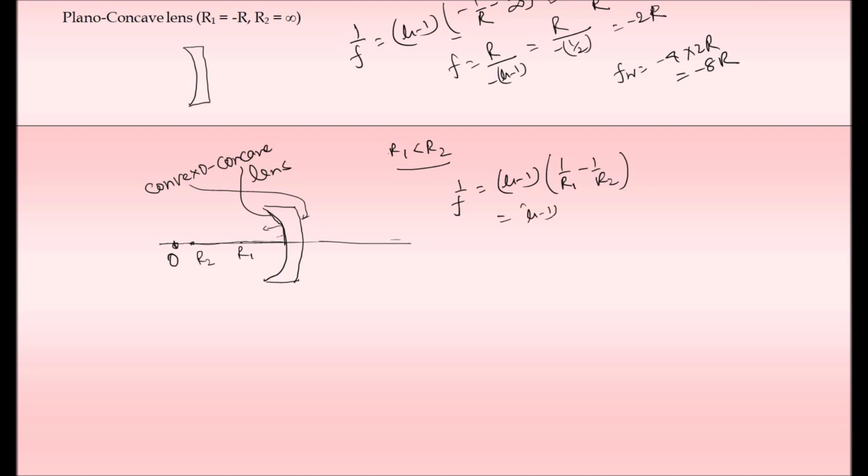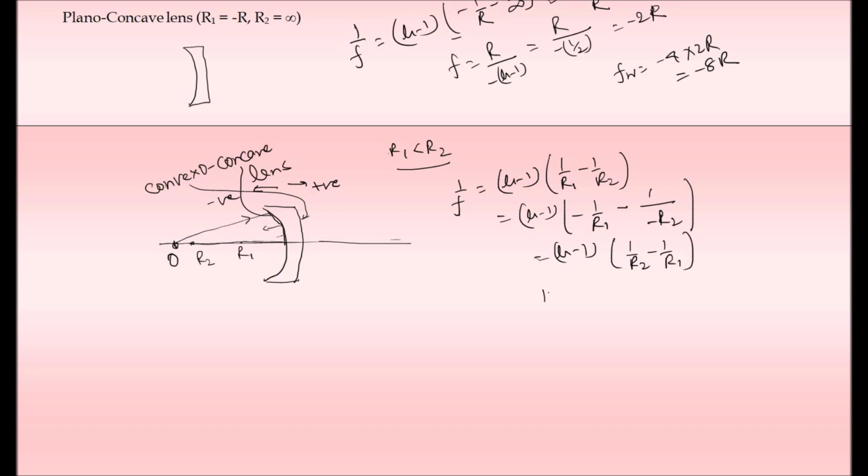So (mu minus 1) into (minus 1 by r1 minus 1 by minus r2), as this is the direction of incident light ray, and it comes with positive, this comes with negative. So it's equal to (mu minus 1) by (1 by r2 minus 1 by r1).